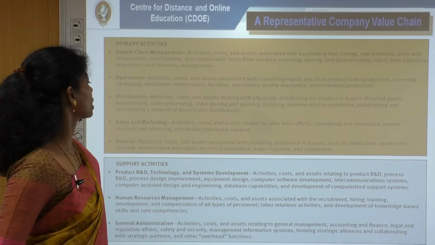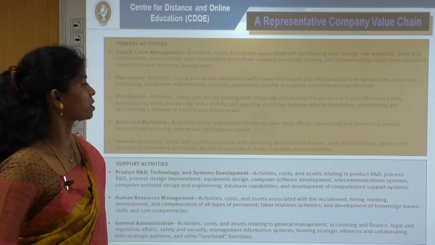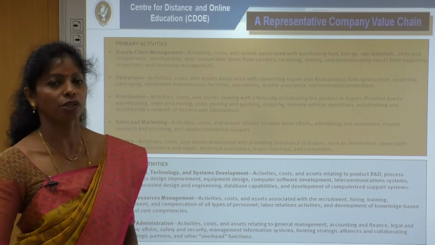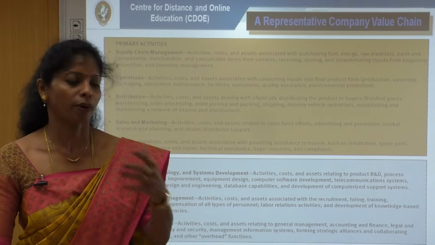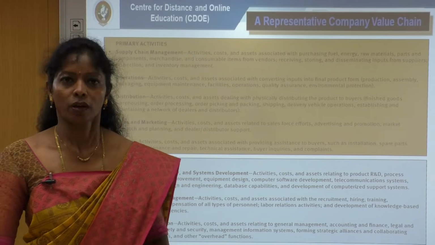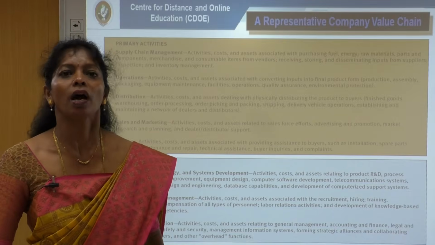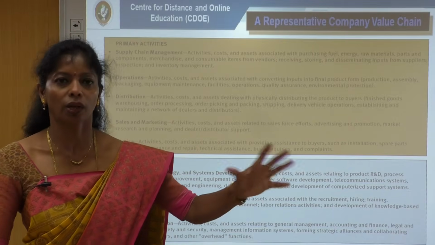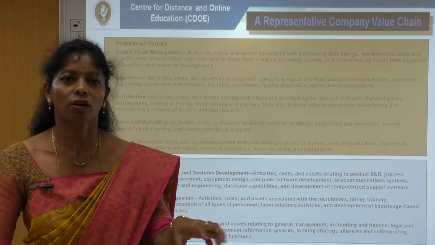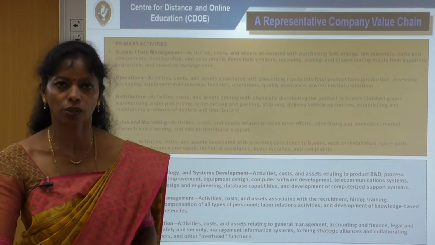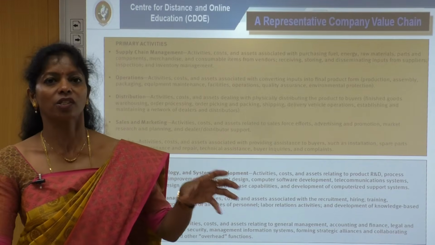Service activity costs are those associated with providing assistance to the buyers, such as installation. For example, maybe you buy a washing machine, a Whirlpool washing machine. In the production of that machine, there is a process. There is an outer container, an engine or a motor has been fixed, and there are certain processes depending on the number of cages.